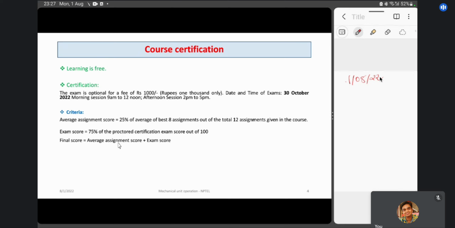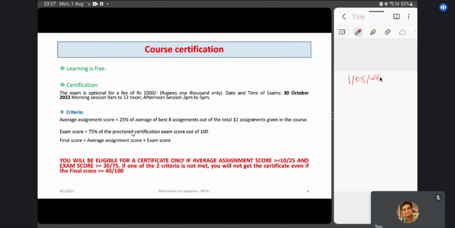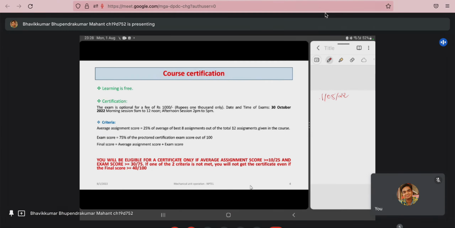The total score will be the summation of both. To get a certificate, the average assignment score must be greater than or equal to 10 out of 25, and the exam score must be greater than or equal to 30 out of 75. If either criterion is not met, you will not get the certificate even if your final score is more than 30.